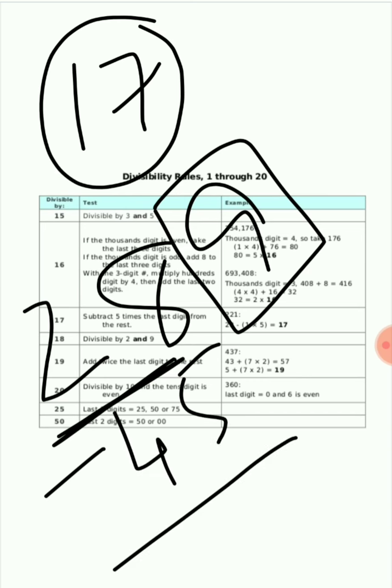The difference, 28 minus 45, is minus 17. Is this divisible by 17? Yes, this is divisible by 17.